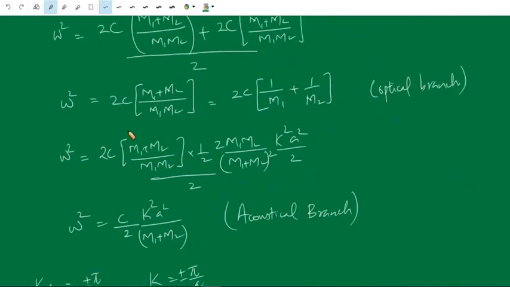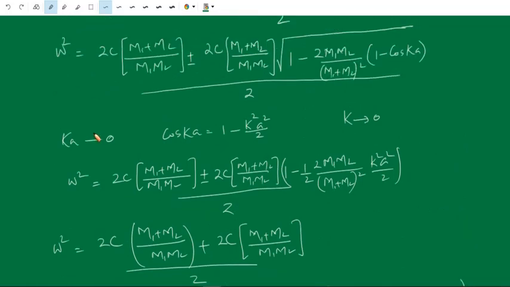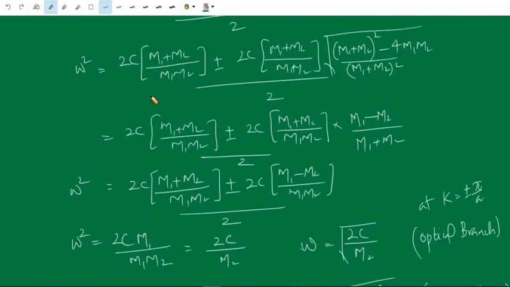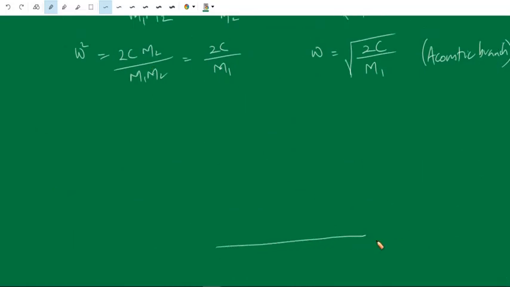Okay, so the intermediate value of omega square is found from this equation. Now we can plot the graph of omega. In the x-axis we have the propagation vector k, or the wave vector k, and in the y-axis we take omega, not omega square, omega.